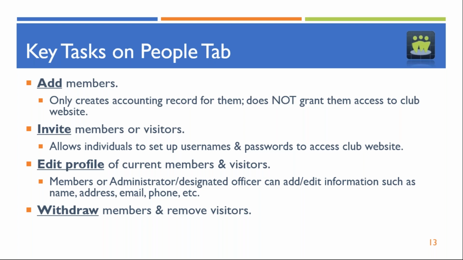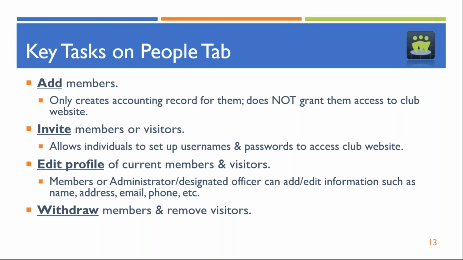The edit profile function allows members and visitors, as well as administrators or designated officers, to edit and add the name, the address, the email information, the phone number, the emergency contact, etc. for each member. And again, that's private for members. They're the only ones who can edit their own information, along with the administrator.